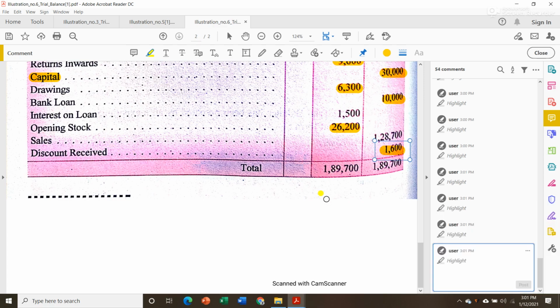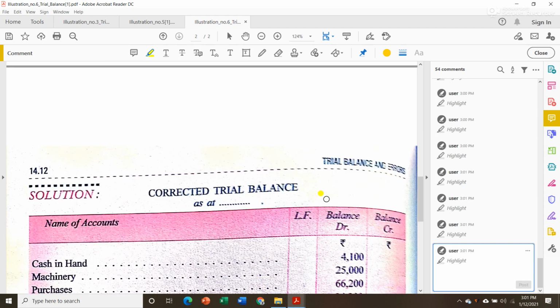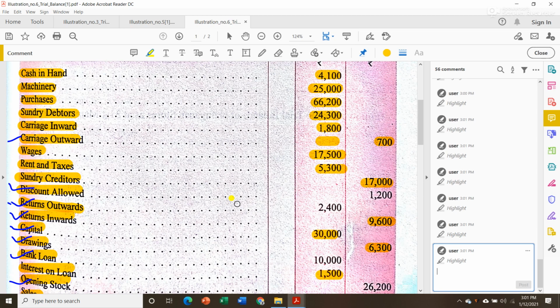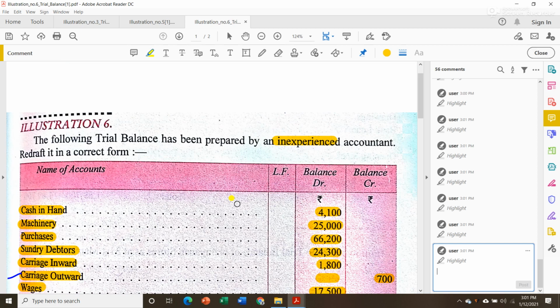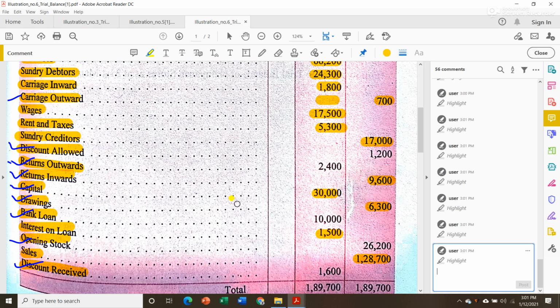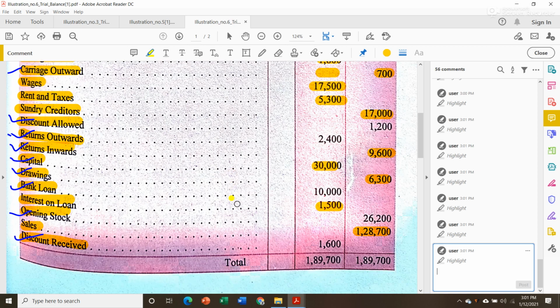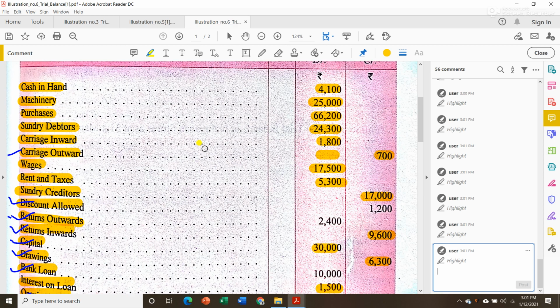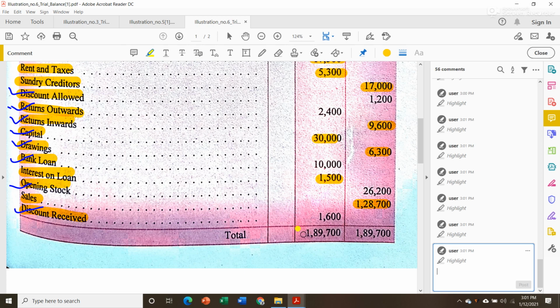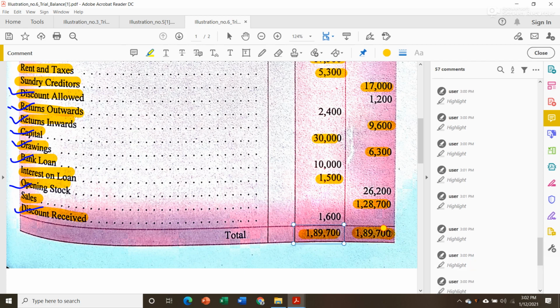Now see, this is how you are supposed to prepare a corrected trial balance. Since we don't know on which date we are supposed to prepare this trial balance, we can simply leave it blank. Now when we see that this trial balance is wrong, still they have equal amounts on both the columns.